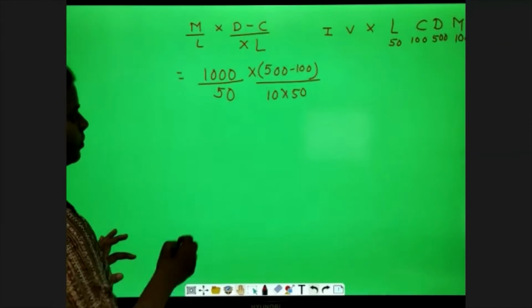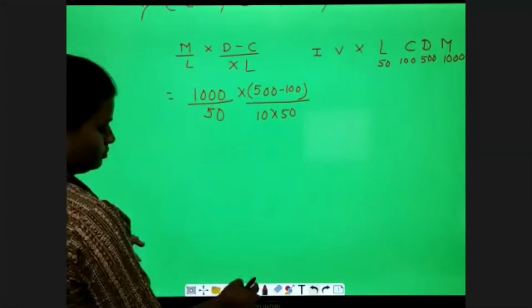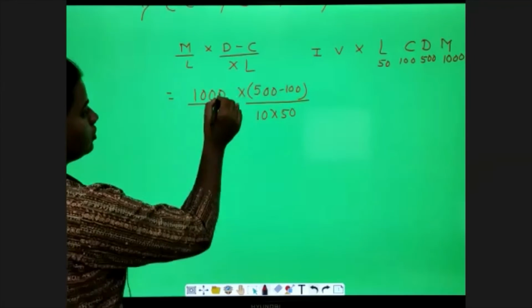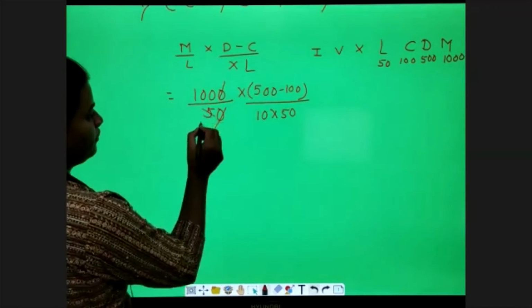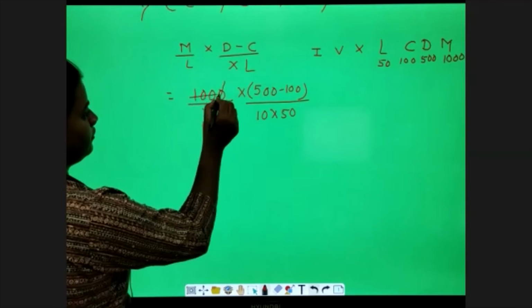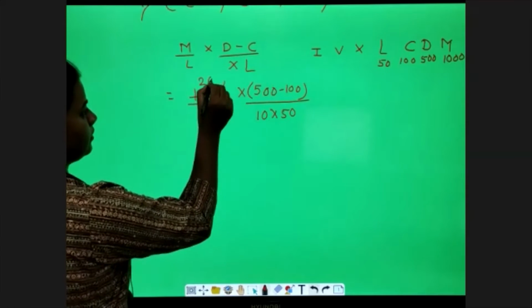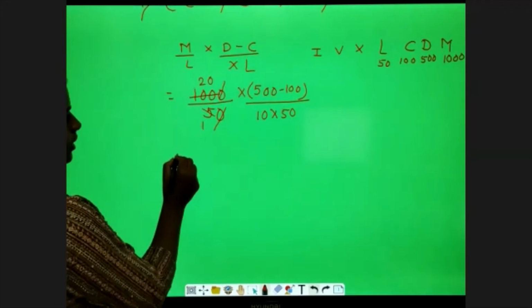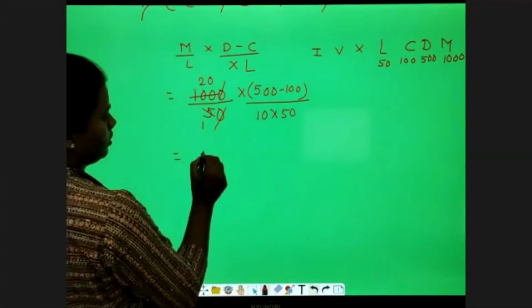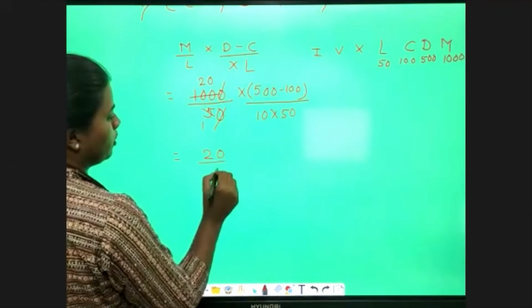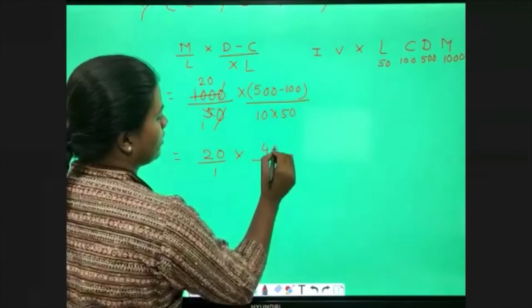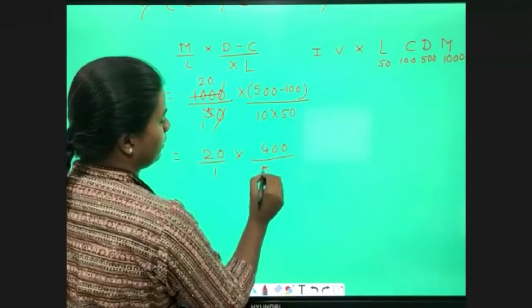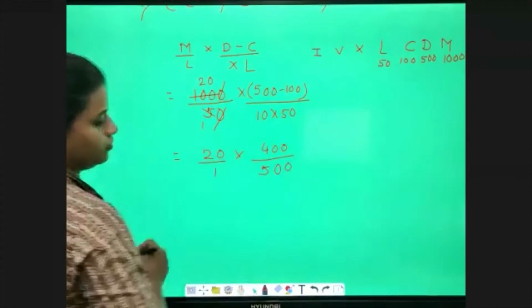See. The 0 gets cancelled. 5 ones are 5, 20s are 100. Right? 20 upon 1 multiplied by 400 divided by 500.